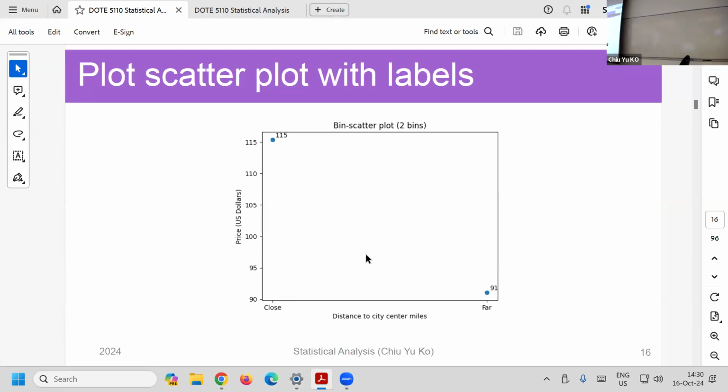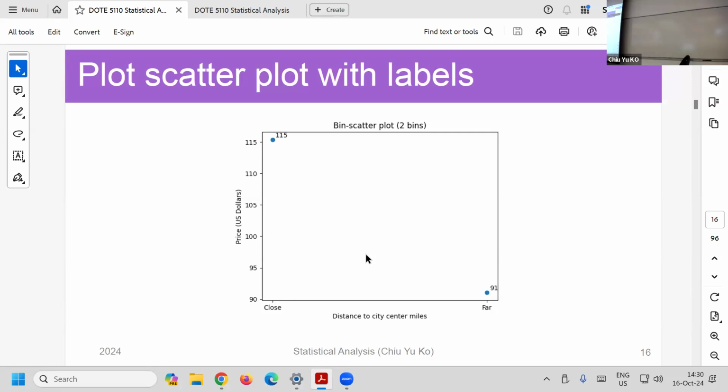Suppose we remember the hotel data. We want to use the distance from the city center to predict the price. And of course, the closer they are, the more expensive. So the way we do it is to look at how close they are. We group them: if the distance to the city center is less than 2 miles, we call it close; more than 2 miles is far.